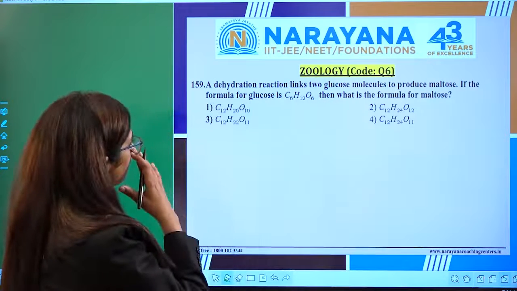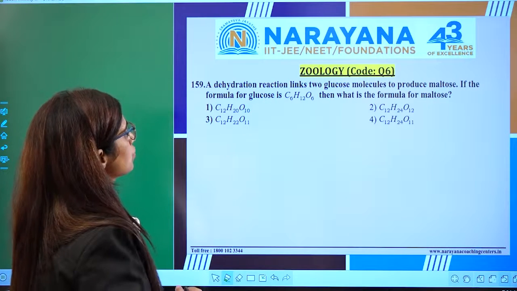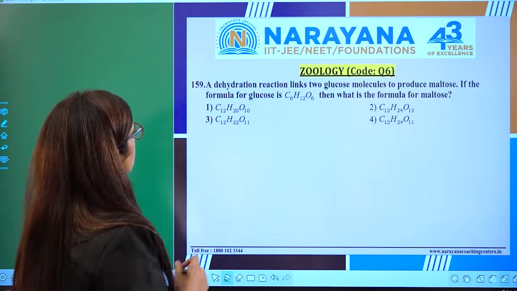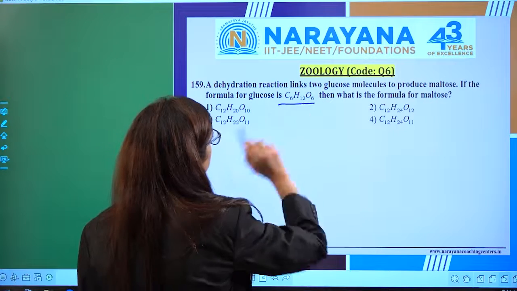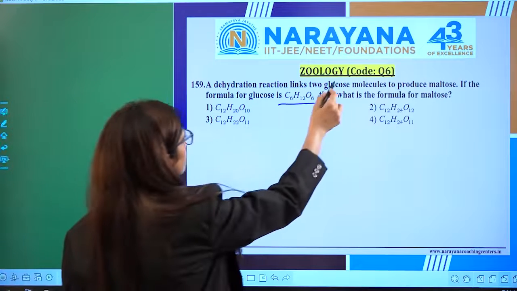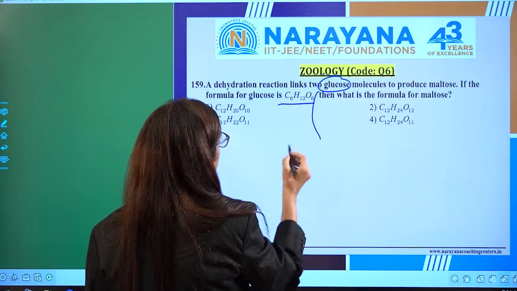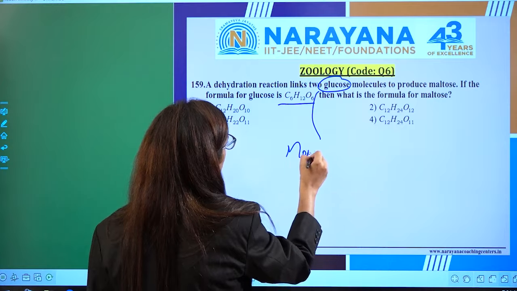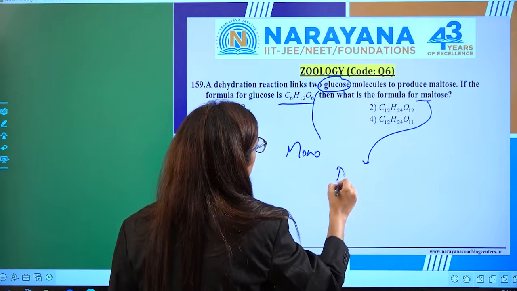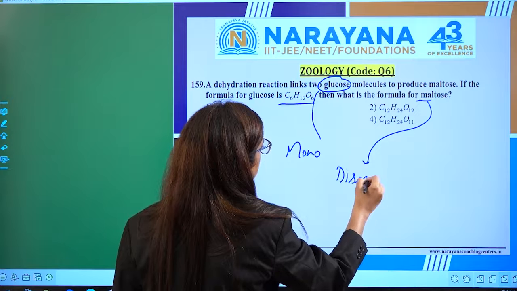The dehydration reaction links 2 glucose molecules to produce maltose. If the formula for glucose is C6H12O6, then what is the formula for maltose? Here we need to understand that glucose is a monosaccharide, whereas maltose is a disaccharide.